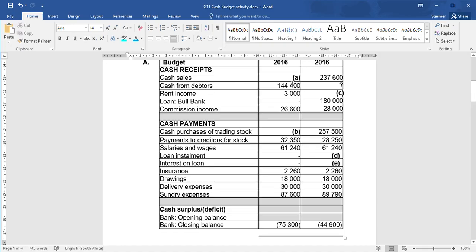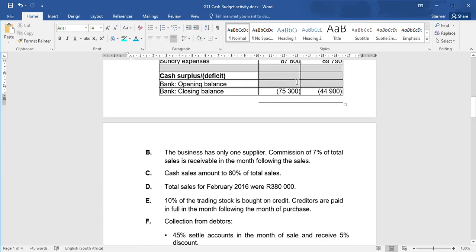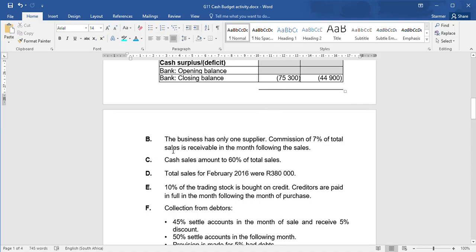In this case, we may have to jump a little bit around with information, but it's easier to go in order A, B, C, and so on. So starting with cash sales now. They tell you in B that the business has only one supplier and commission of 7% of total sales is receivable in the month following the sale.